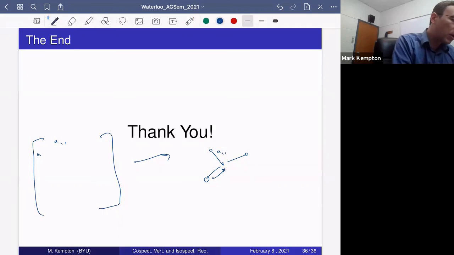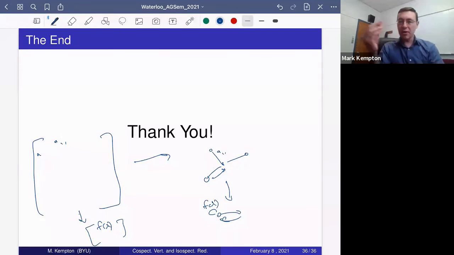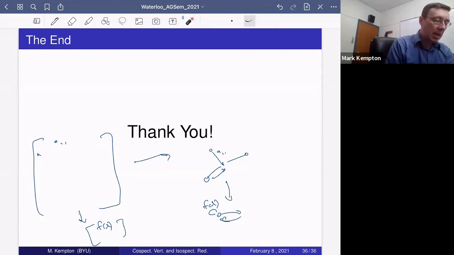So you can reduce down the matrix to a matrix with these functions as its entries, or reduce down the graph to a weighted directed graph with weights that are functions in lambda, and those will be the same.